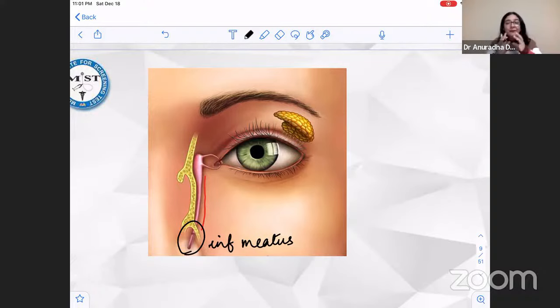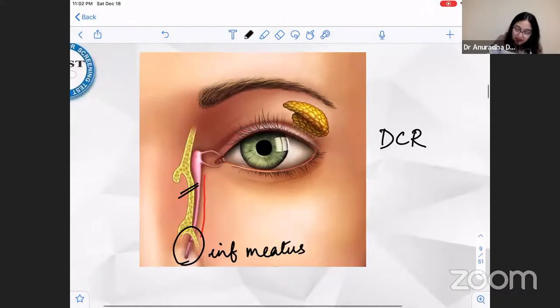So this is what is happening in nasolacrimal duct obstruction. In DCR, that is dacryocystorhinostomy, we are making a new opening in the middle meatus. For this reason, we have to remove part of the bone here so that you can make a new opening in the middle meatus.